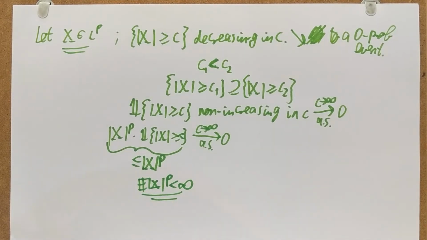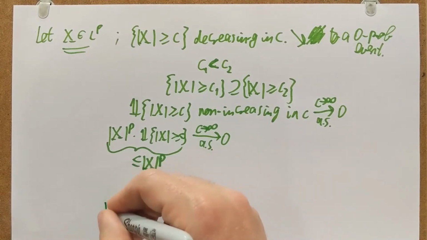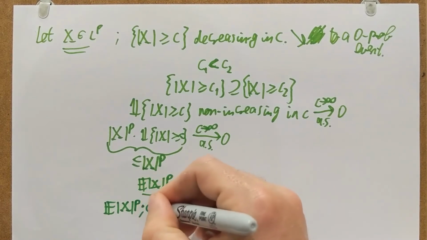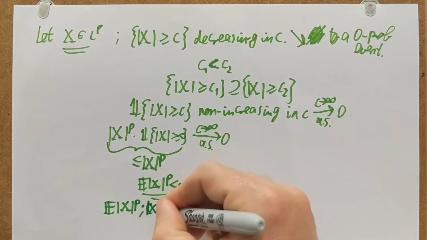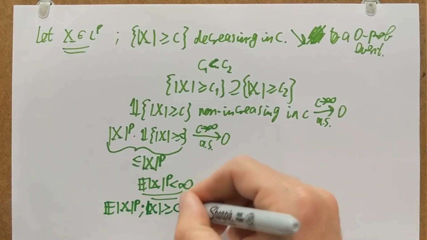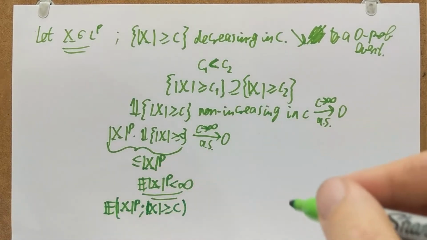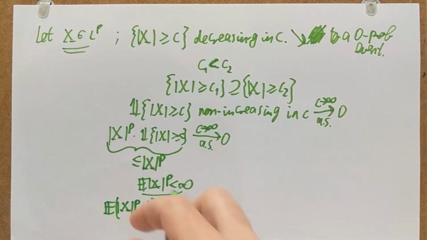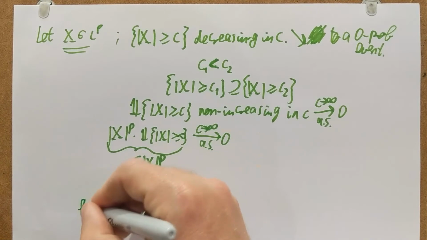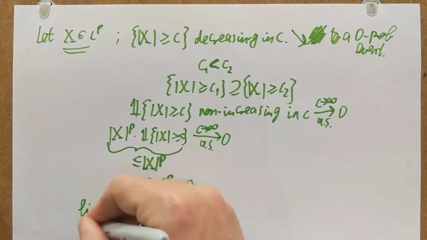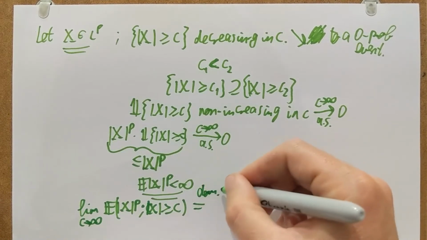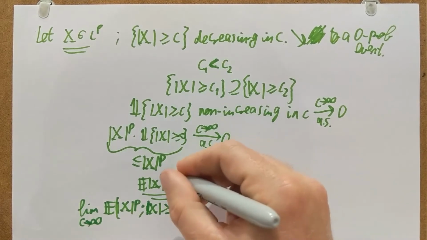Therefore I can apply the dominated convergence theorem to say that the expectation of |X|^p times the indicator that |X| is larger than or equal to c has an inner limit in c that goes to 0. I have the bound, and so I can take the limit out of the expectation, by dominated convergence with this domination term.